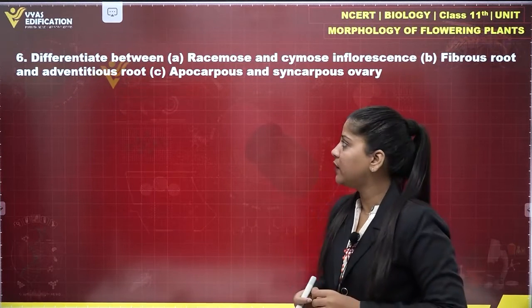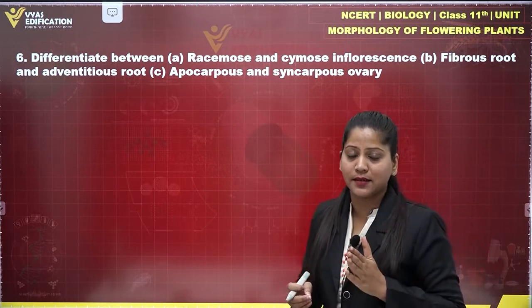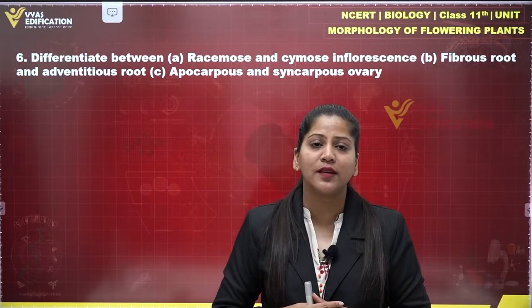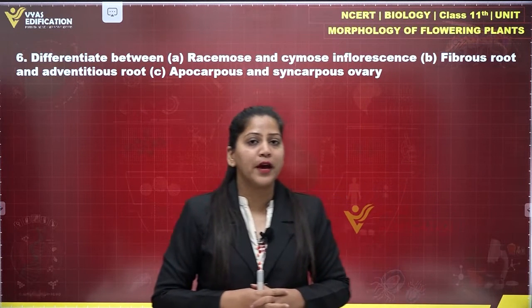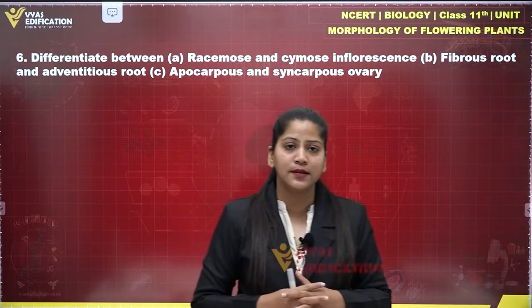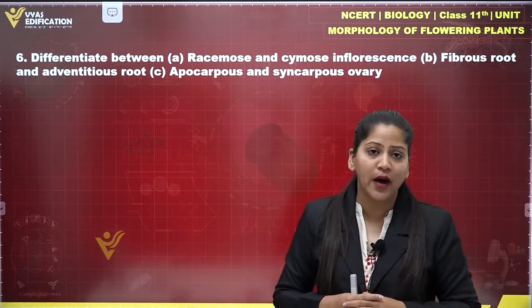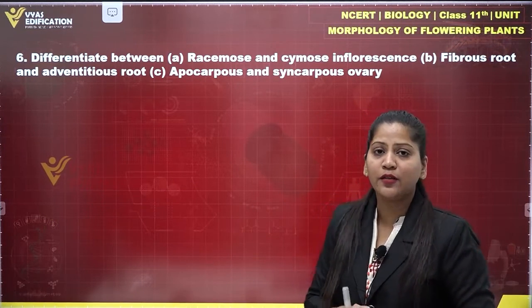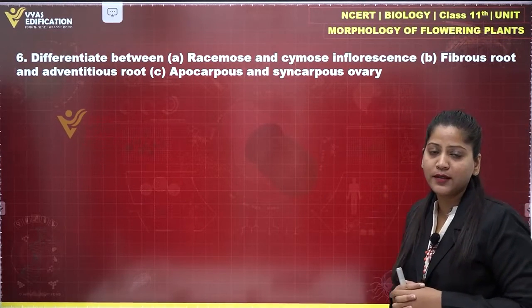Now if we talk about racemose inflorescence, the main axis continues to grow and produces lateral flowers, whereas in cymose inflorescence, the main axis has limited growth and will eventually terminate into a flower. Right, so this is the basic difference between racemose and cymose inflorescence.